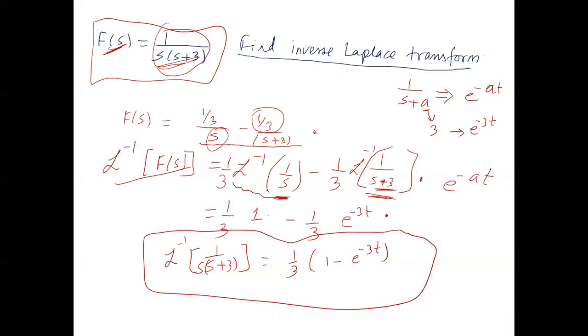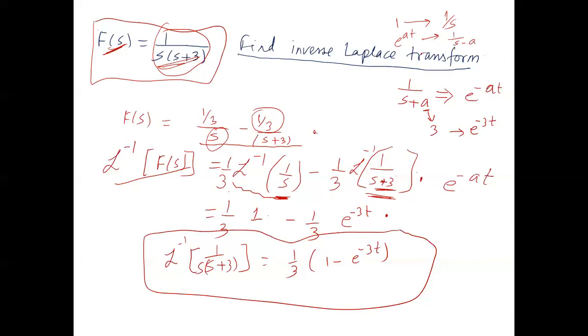Now if you have the table handy, you can figure out what the Laplace transform of 1 is, and what the Laplace transform of e to the at is: 1 over s minus a.